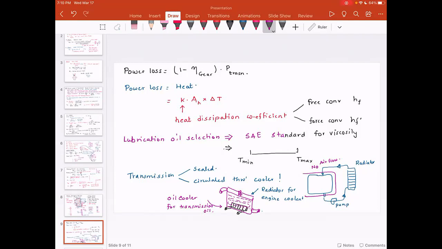And then that oil is cooling. Not only that, there is some micro abrasion taking place. So oil is washing away that micro debris, and that oil is filtered and then fed back again.